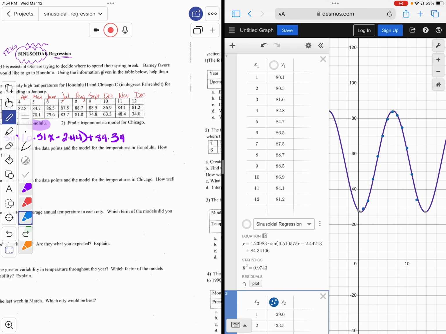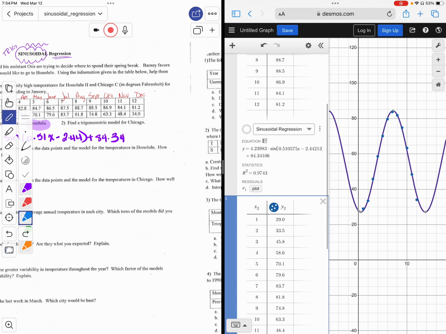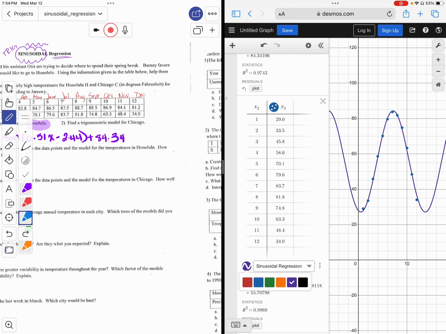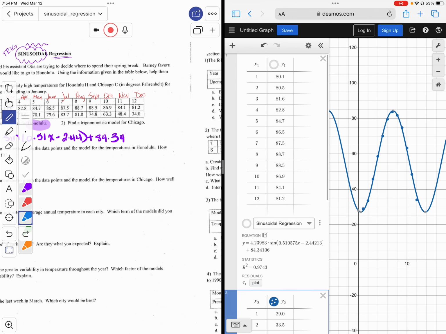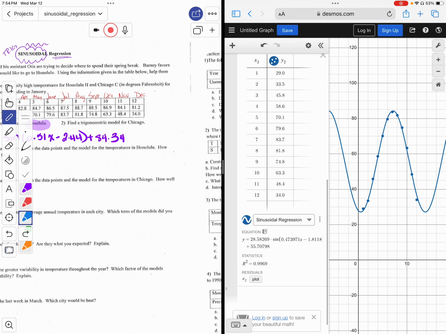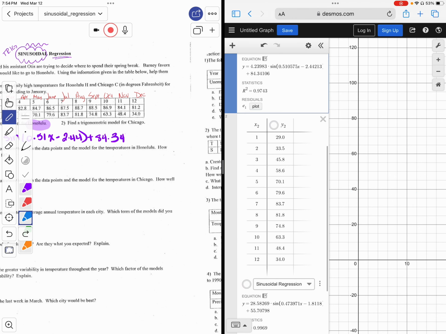I have the black, which represents Honolulu, and the blue that represents Chicago. I'll make this one blue for Chicago, and I'll make this one purple for Honolulu, so it's all the same color all the way around. All I'm going to do is turn it off.